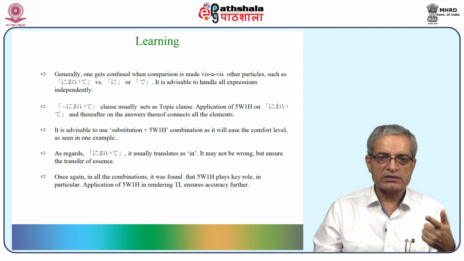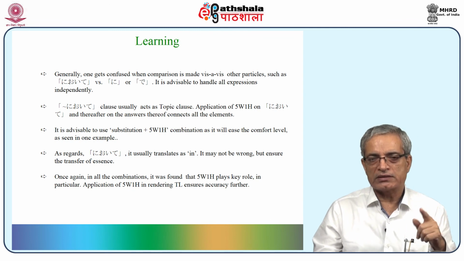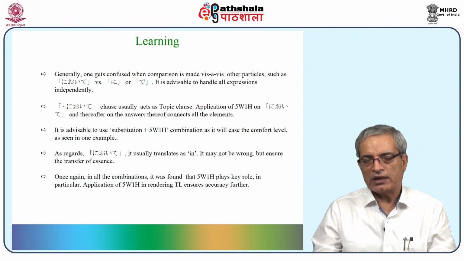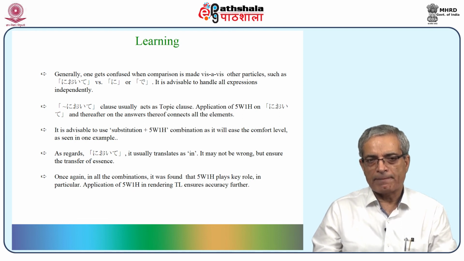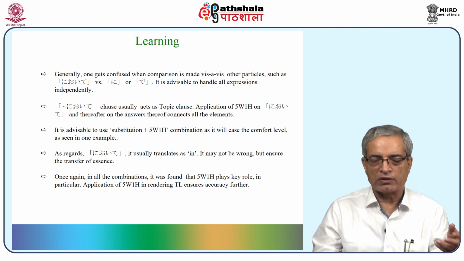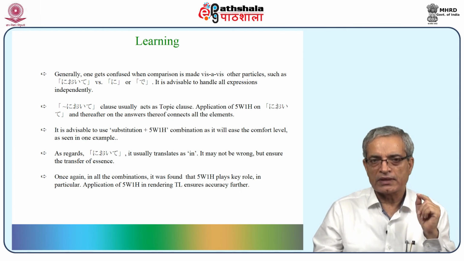And the second learning is that neo-8 clause usually acts as a topic clause, and the application of 5W1H on neo-8 and thereafter on the answers thereof connects all the elements and it resolves the issues of translating or the translation process.